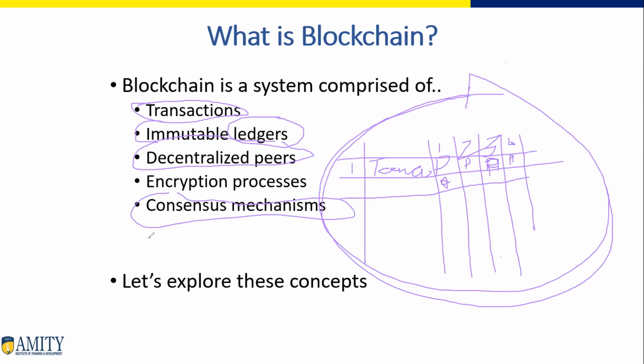It should work on consensus. So if somebody says that I was present, I will take the acknowledgement of all of you. I will take your consent. Was he present? Once all of you say that he was present, then only I will add that transaction in my ledger.